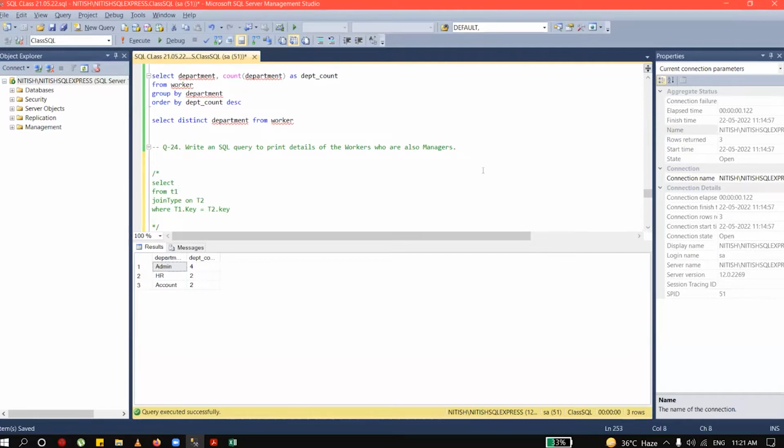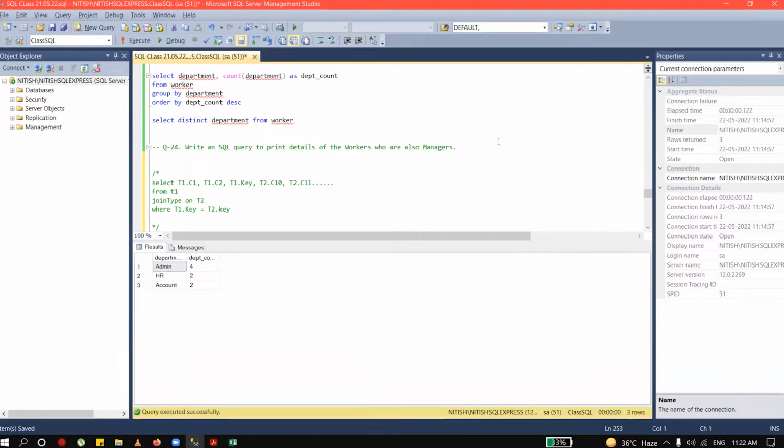In select, you tell me all the column names you're looking for. So T1 dot column 1, T1 dot column 2, and let's say T1 dot key. After that, T2 dot column, suppose 10, and T2 dot column 11, and so on.